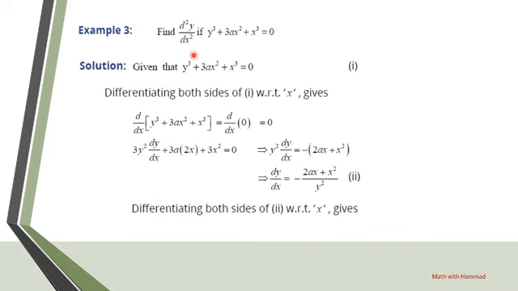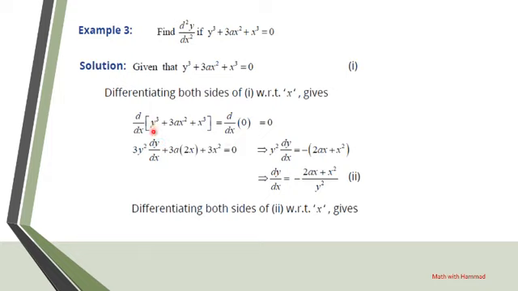Now we will move to examples. Example number 3: find d square y over dx square, meaning the second derivative, where our implicit function is y cube plus 3ax square plus x cube is equal to 0. Differentiate with respect to x, giving d by dx of the expression and d by dx of 0. We know that the derivative of 0 is 0.